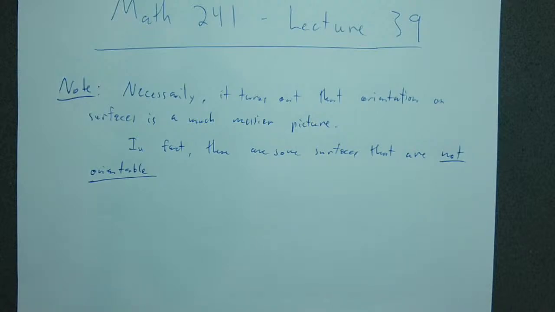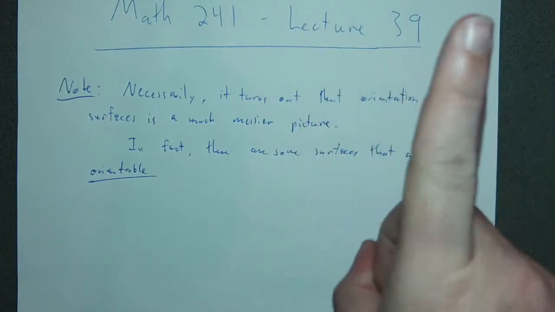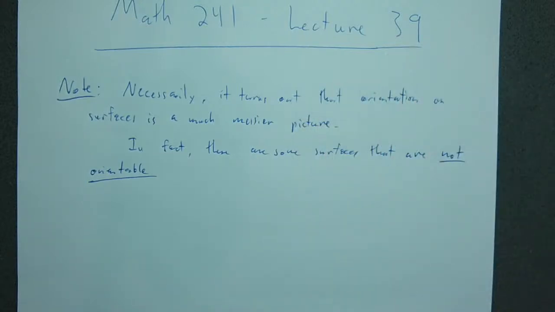So the orientation of a surface has something to do with how the normal is moving around. It has something to do with how you can assign a normal at a point on a surface.